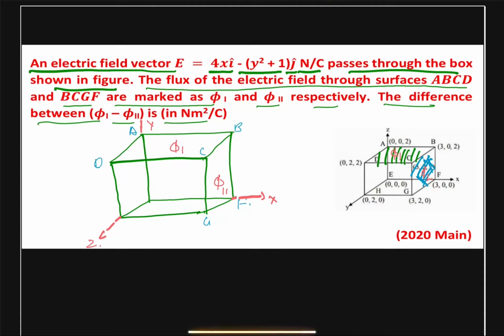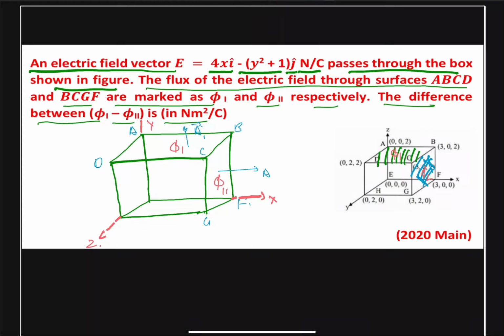So first of all we are going to find out the direction of the area vector. So for the surface ABCD, this will be the direction of the area vector, and for BCGF, let us call this our A1 and this will be our second one, that is our A2.